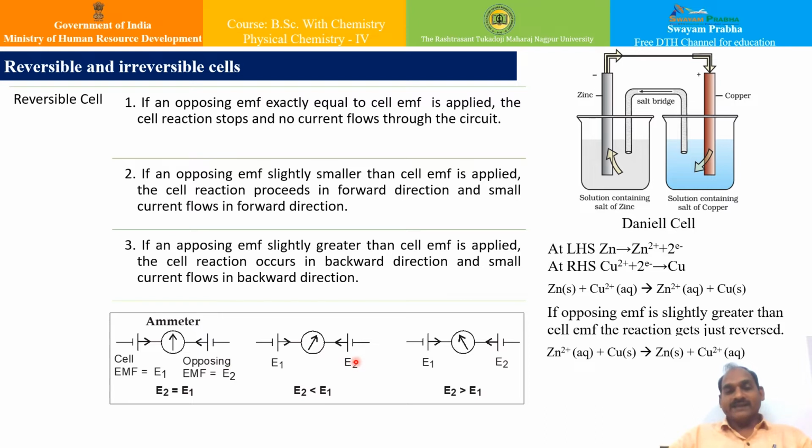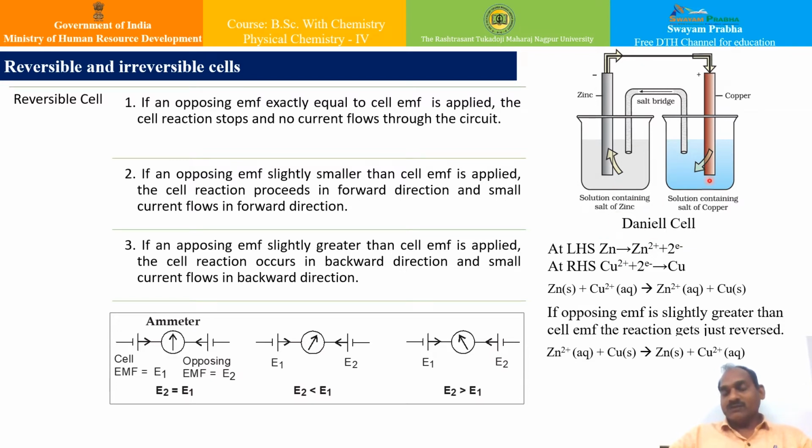In the second case, the opposing EMF is slightly smaller than the cell EMF, and therefore a small current in the forward direction will flow. And the third one is the opposing EMF is slightly greater than the cell EMF. If we apply it, the cell reaction occurs in the backward direction, and a small current will flow in the backward direction. So if you see here, the condition is given.